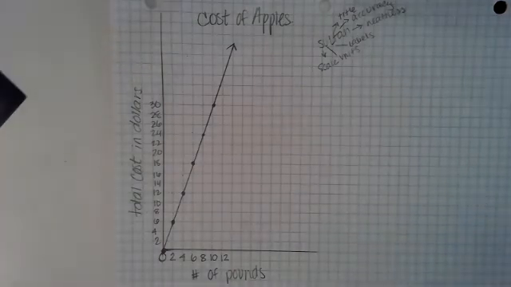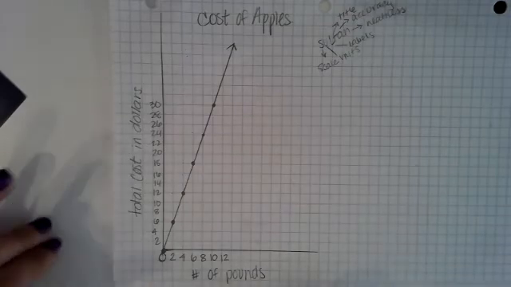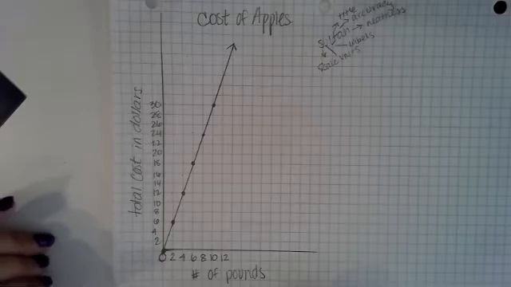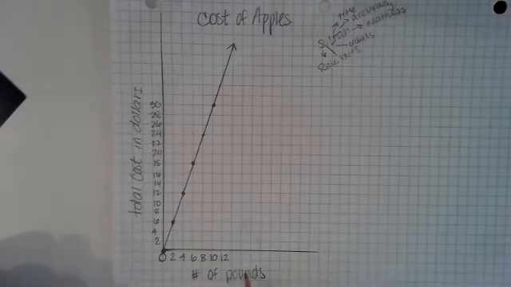Okay, other important things. I need to determine, well, I should have determined prior to graphing, is this going to be discrete or continuous? This is going to be continuous. I drew a line through it because with the number of pounds, you can't pick out perfect apples. Does everyone understand that?